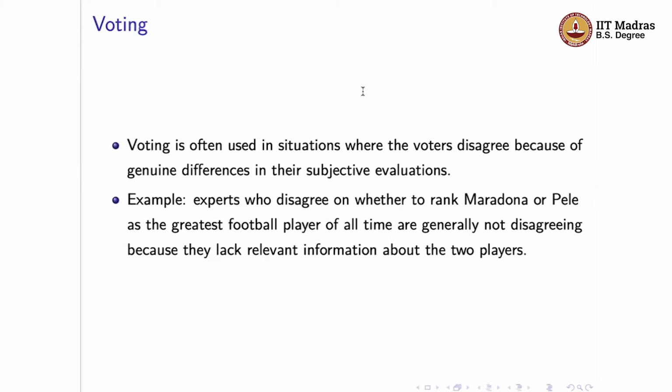It's not that you can give somebody more information and get them to change their mind. They're genuinely disagreeing because they evaluate some particular skill more than the other, right? Whether individual skills matter or not, whether how many tournaments you won, and so on. So different experts have different opinions on this, and on the basis of these different opinions, there are different subjective beliefs about who is the greatest, right? So that is one situation.